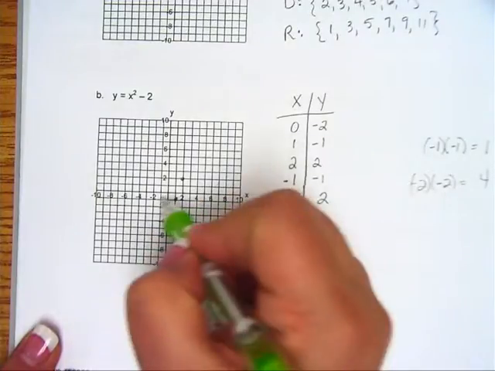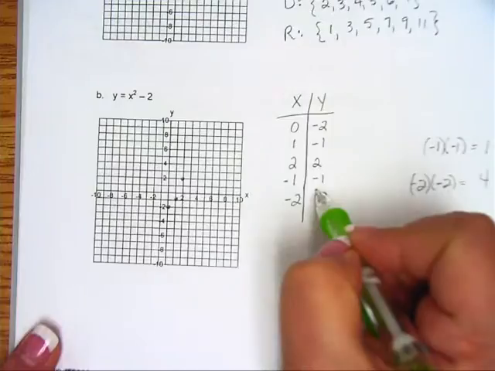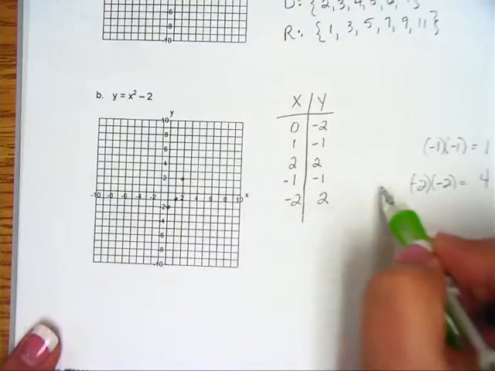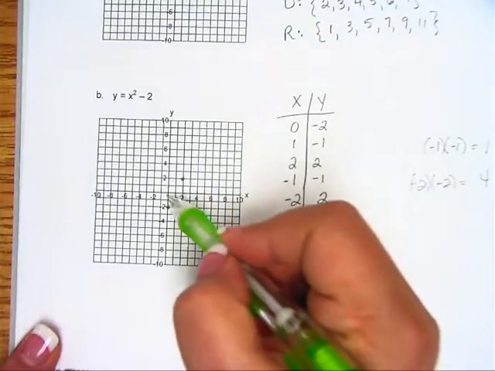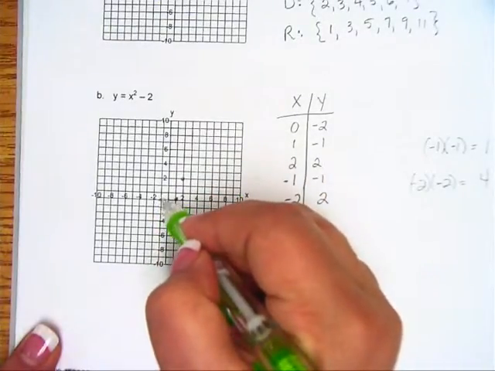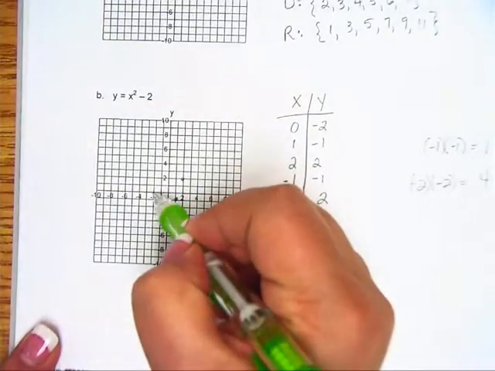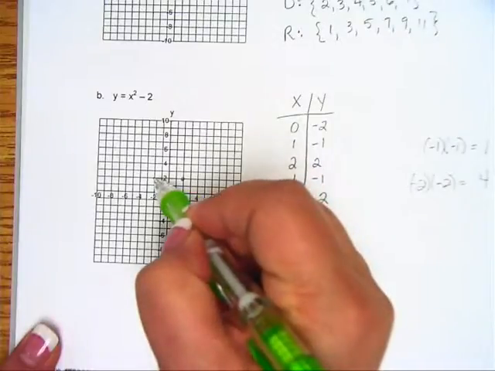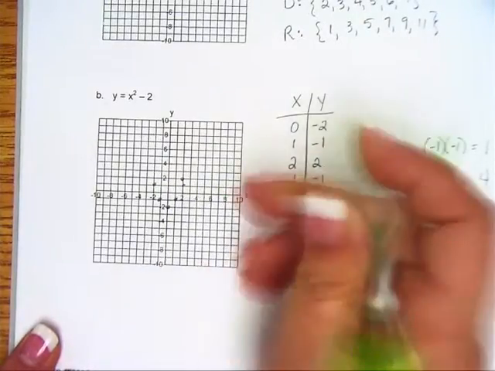At -1, over here, did I do that right? -1 squared is 1, minus 2 is -1, yes. At -1, I have -1. And at -2, I have 2. So -2, I go up 2. Now this makes 1, 2. I put that one too high.